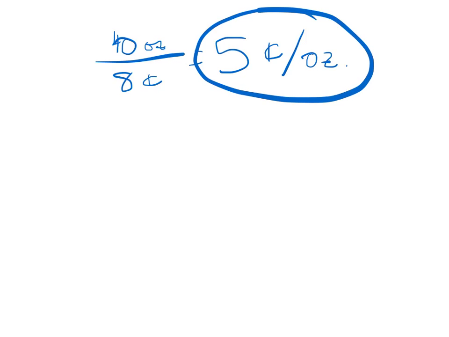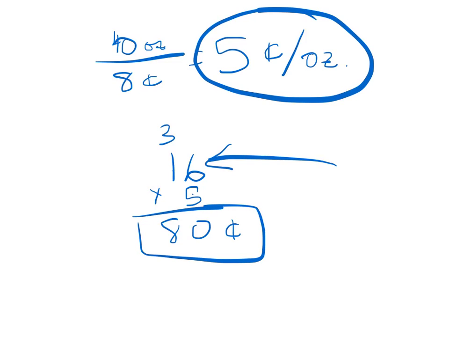So that would be another way of figuring out. So if someone said, well, let's say I wanted 16 ounces. How much is that going to be? Well, I just have to do 16 times 5. Carry the 3. So I can say, well, that'll be 80 cents. It's going to cost you 80 cents to get 16 ounces there.